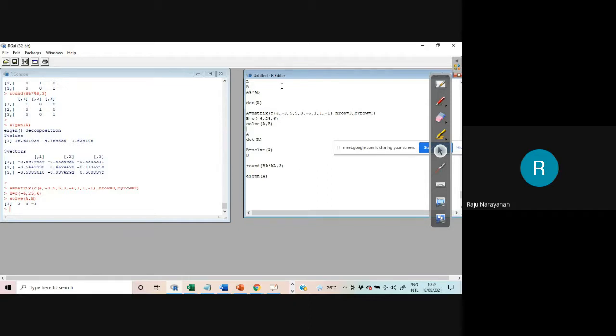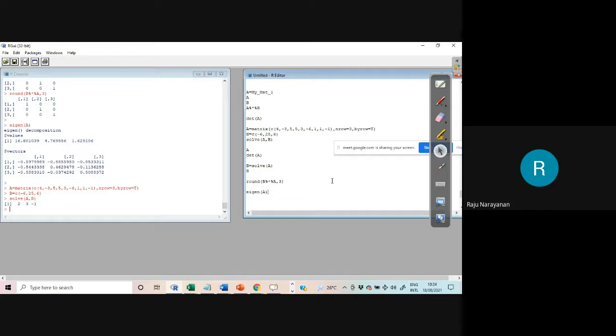Okay. Well, this is about matrices. We have seen how to find the transpose, how to add matrices, how to find the difference of matrices, how to find the term by term product, how to find the matrix product, how to find the inverse of the matrix, solve A, how to find a solution of a system of linear equations, and how to find eigenvalues and eigenvectors.